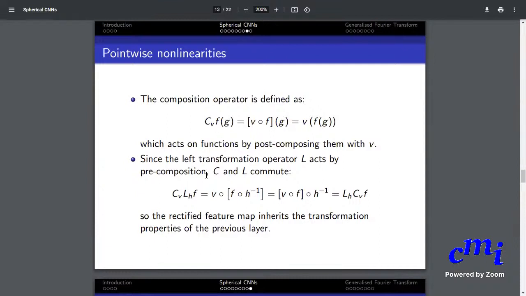Again, this acts on functions by post-composing them with v. Now, since the left transformation operator L acts by pre-composition, C and L commute, and that is what we have shown in the next line. And the rectified feature map inherits the transformation properties of the previous layer.